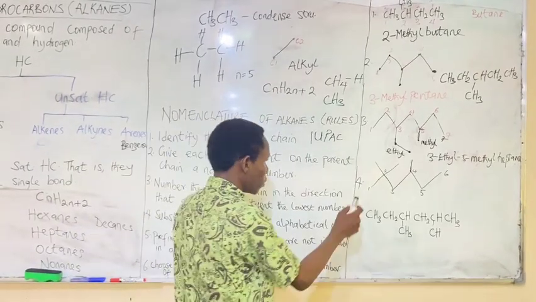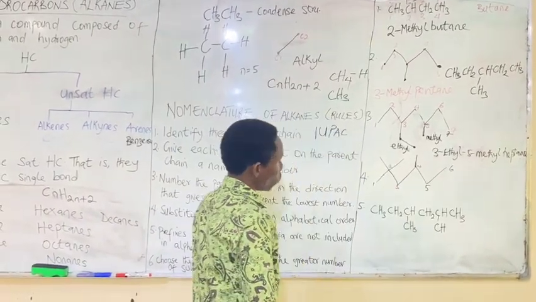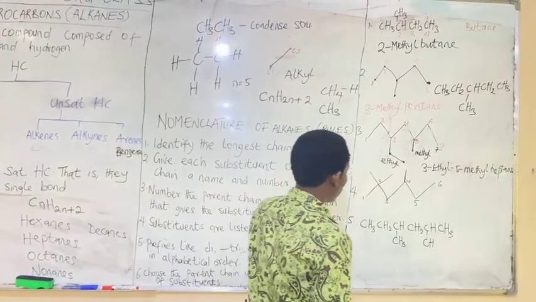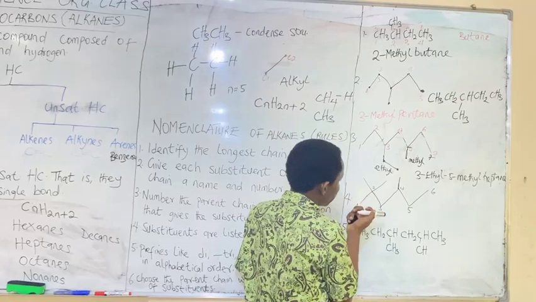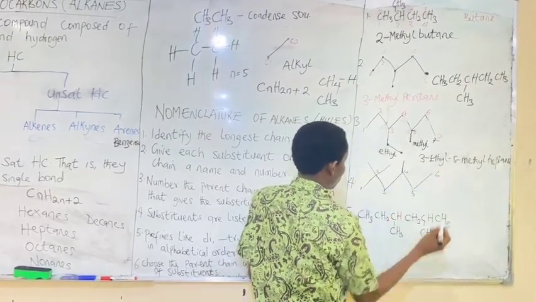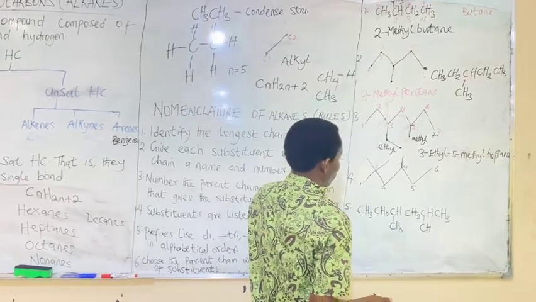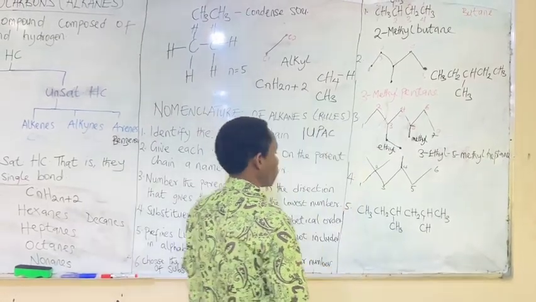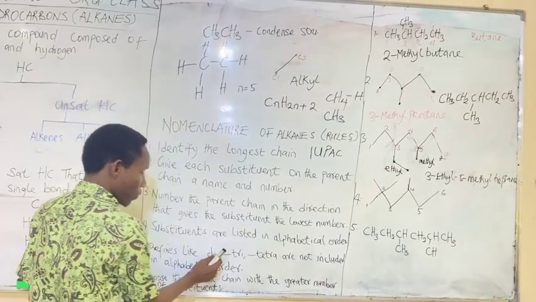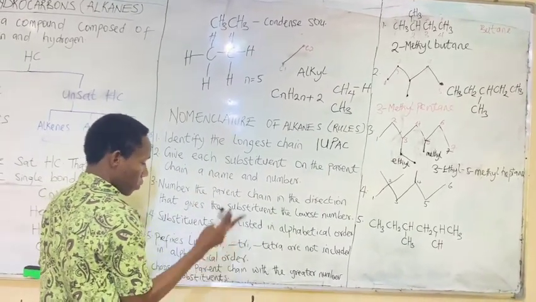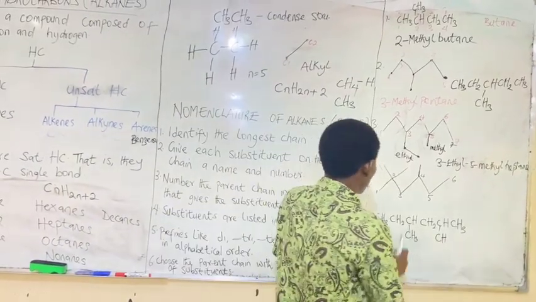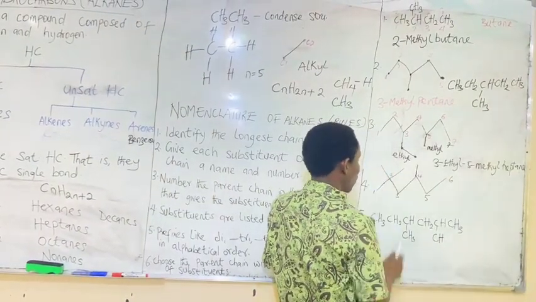We have 2 methyl on carbon 2. But before, let's try and number it this way. 1, 2, 3, 4, 5, 6. Okay, the same thing. Remember, we have what we call di. Di is for 2, tri is for 3, tetra is for what? 4. So we're having 2 methyl here on carbon 2.